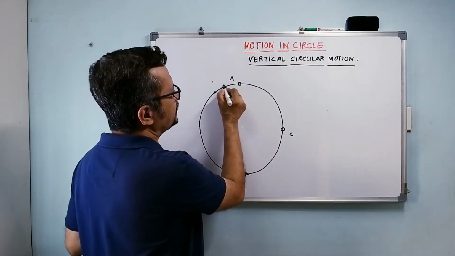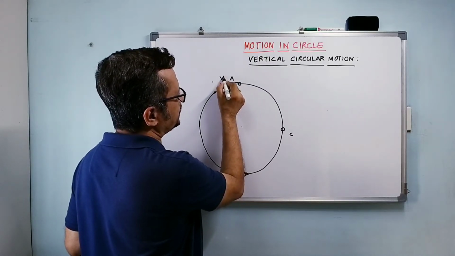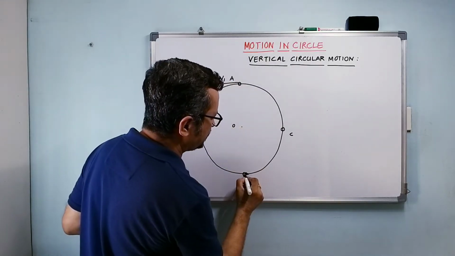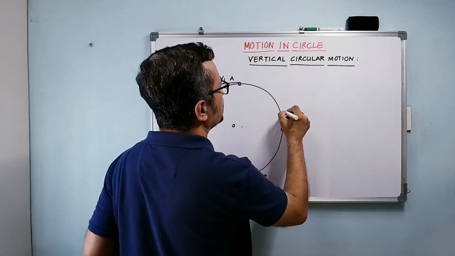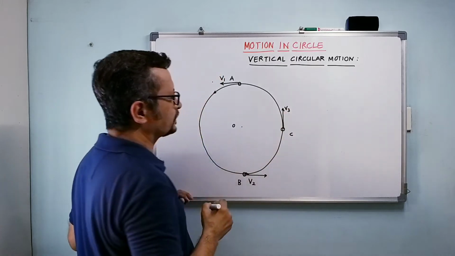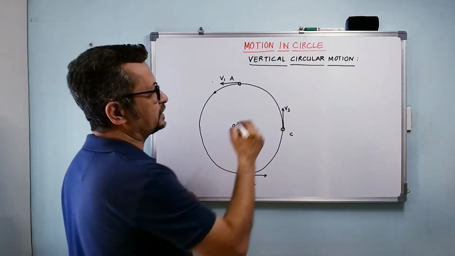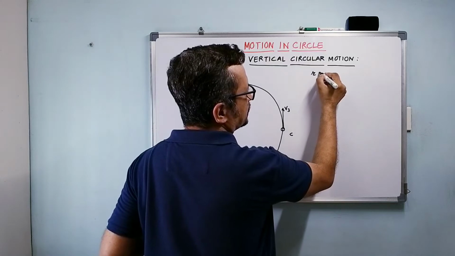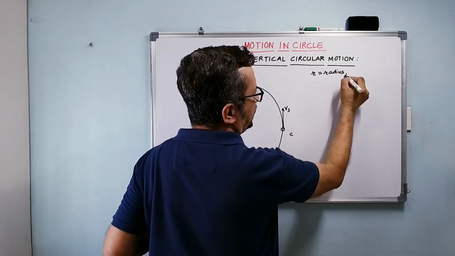Let us assume the linear velocity over here is V1, over here it is V2, and over here let it be V3. Radius of circle is R. M is the mass.